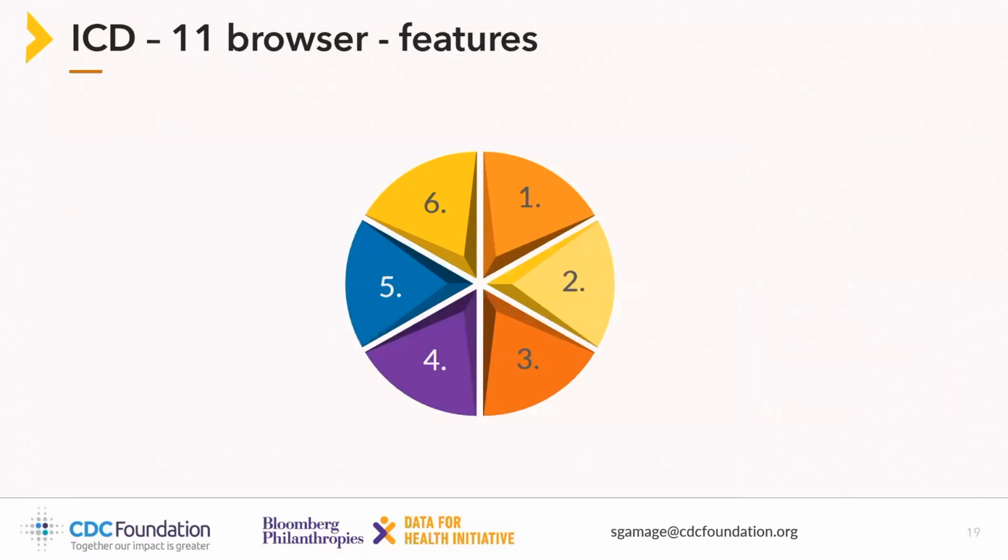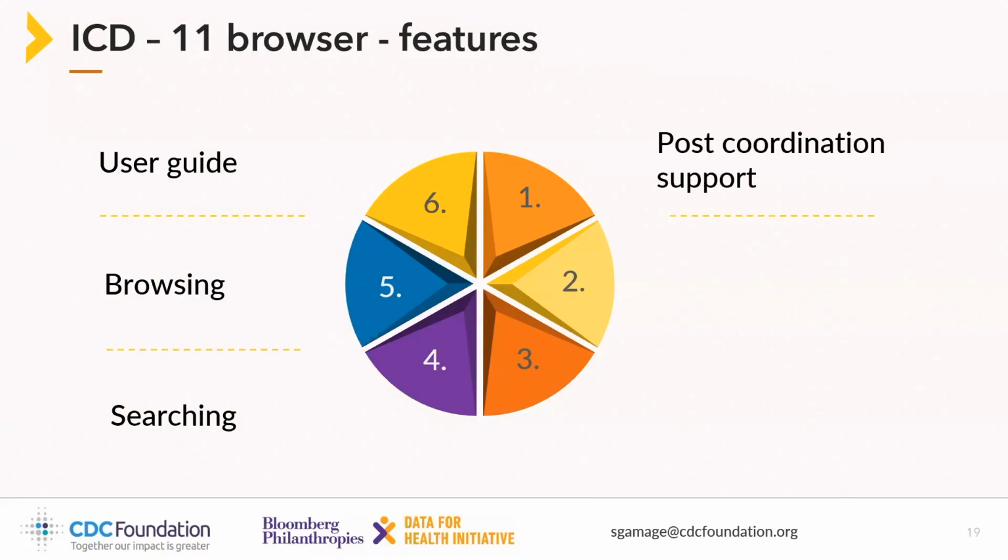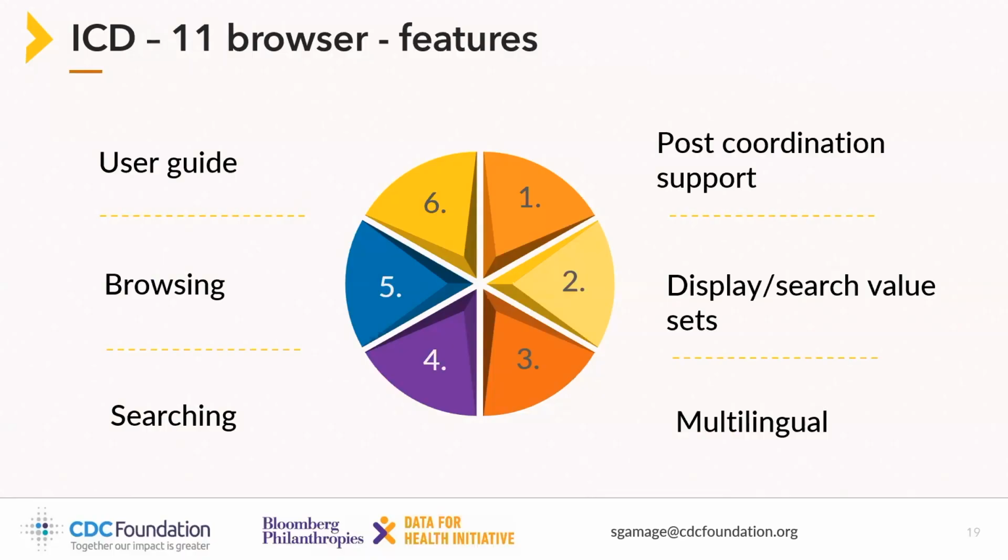Let's discuss the features of the ICD-11 Browser. With ICD-11, you get a user guide which is accessible through the home page, and I will show you how to do that. And you can use the browser for browsing, searching, post coordination support, and to display search value sets, and most importantly, this is multilingual and currently available in 15 languages.